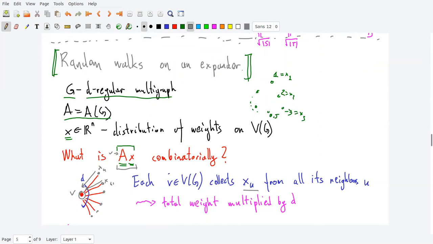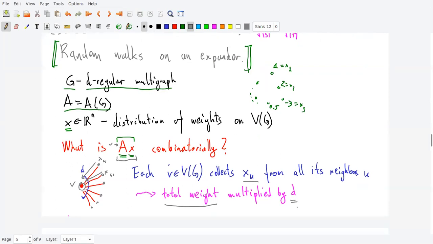On the other hand, equivalently, you can think that every vertex u sends its weight to all its neighbors. So in total, the total weight is multiplied by d, and this exactly corresponds to the fact that this is a d-regular multigraph, because every vertex takes its weight and sends it to all its neighbors.